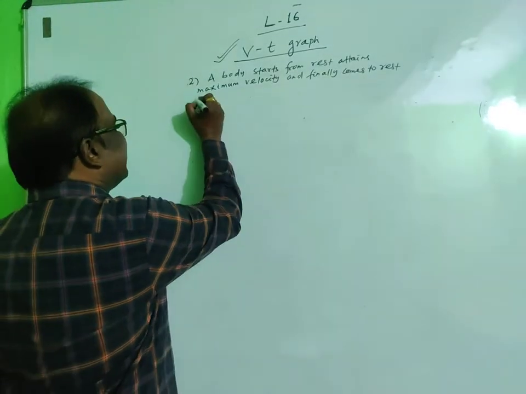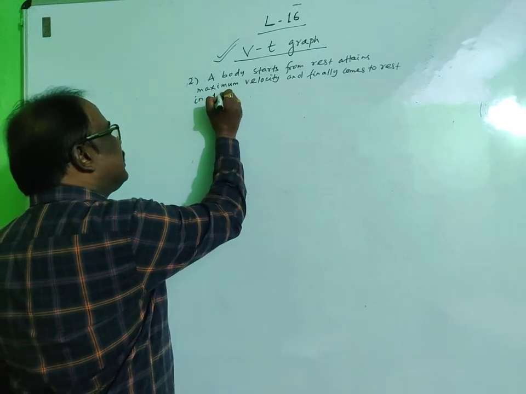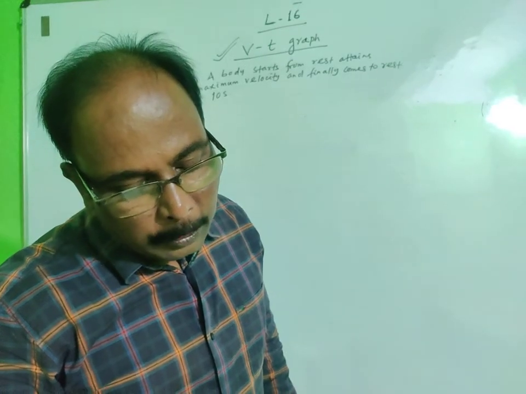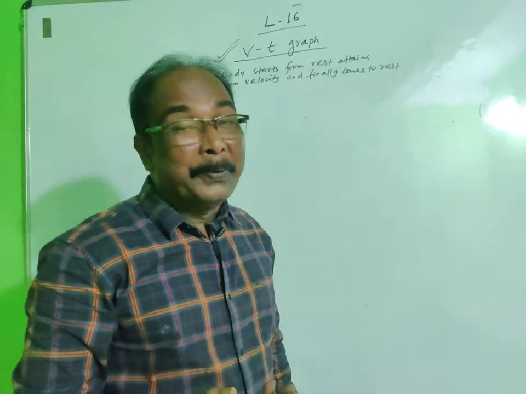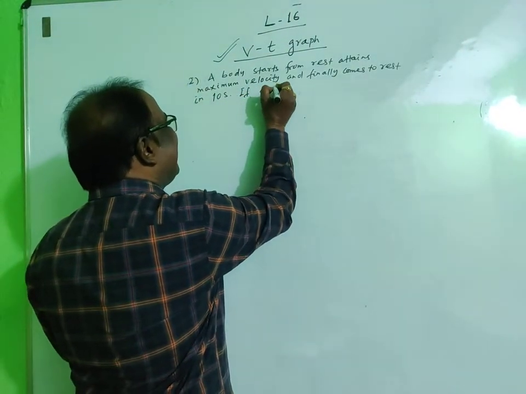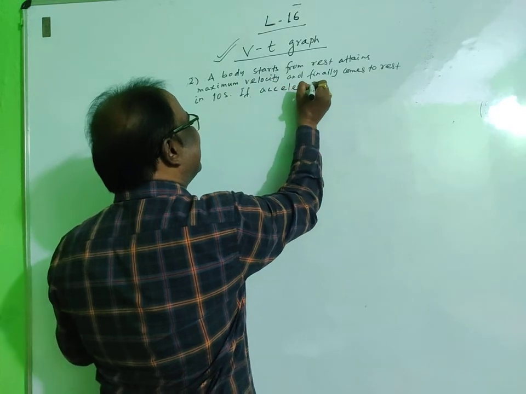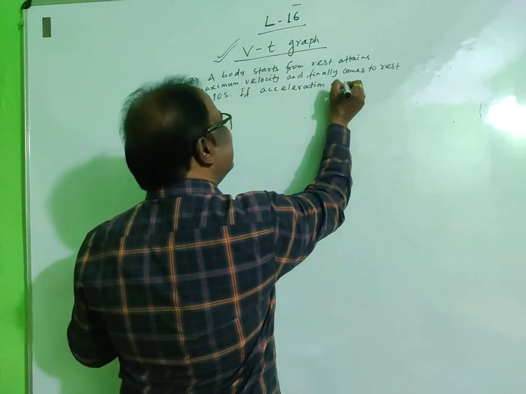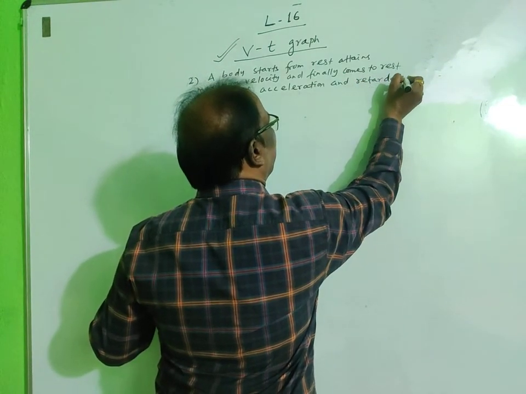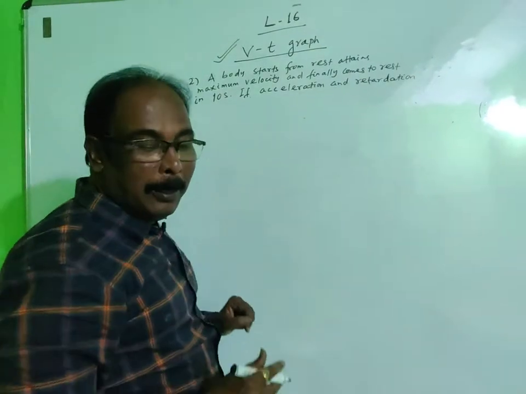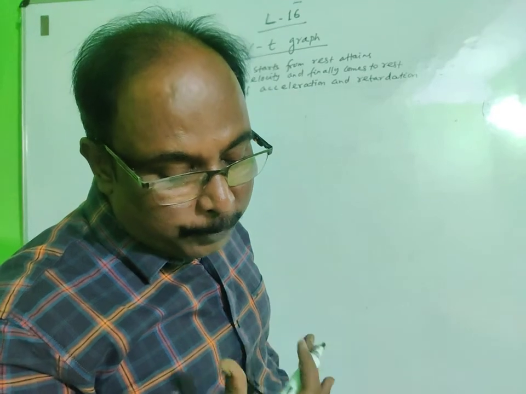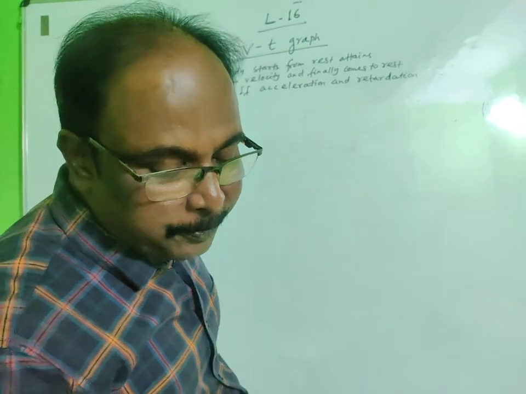In 10 seconds. See, in the previous question it was 3 seconds, here it is 10 seconds. The new data are given: if acceleration and retardation are 3 meter per second square and 4 meter per second square respectively.